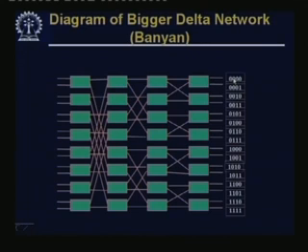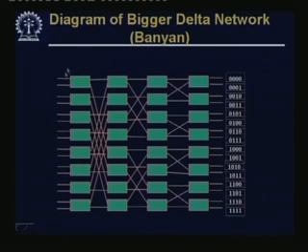So, you will require 4 stages as we have shown here. Each bit decides whether that particular switch connects you to the upper output line or the lower output line, and from any of these input lines there is a path to any of the output lines. So, this is a Banyan network, this is the 16 by 16 Banyan network.